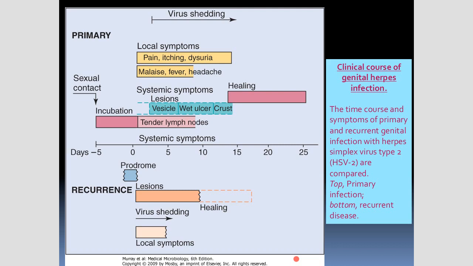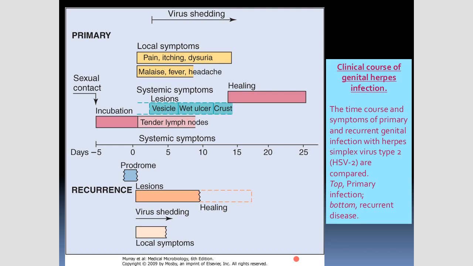What does this line? If those of you know geometry, what does this line mean? Unending line, uninhibited, that's what it says. So this means you're going to have it or pass it for the rest of your life. That's what the line is. There's no stop over here. You may heal though within 2-3 weeks, right?